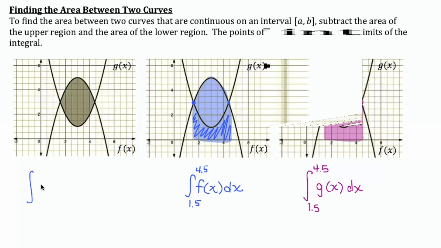So what we're going to find is you can always find the area between two curves by integrating whatever the top boundary function is minus whatever function is forming the bottom boundary. So this gives us the basis for finding area between two curves.